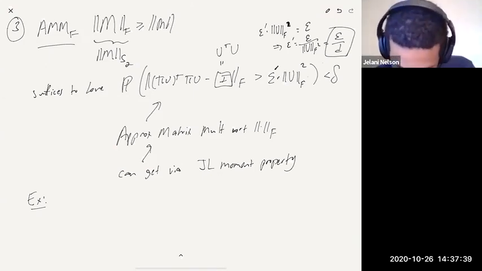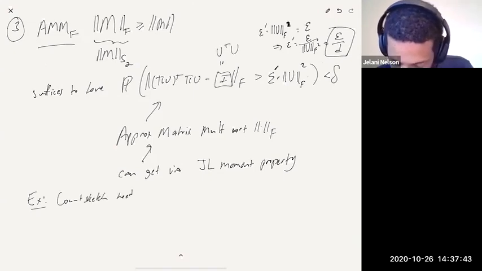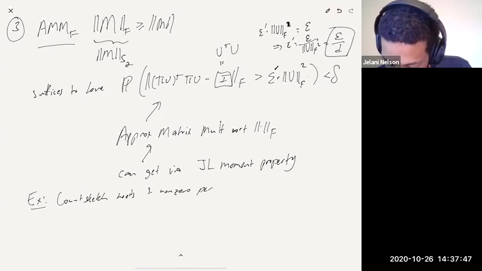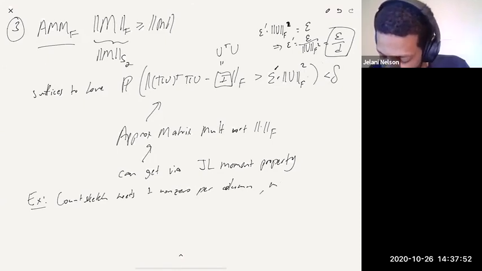So, for example, if you take the count sketch, it needs only one non-zero per column. And m can just be big O of 1 over epsilon prime squared delta, which is big O of D squared over epsilon squared delta.